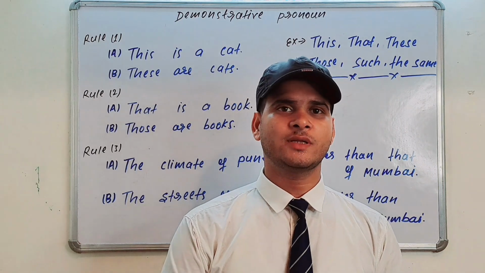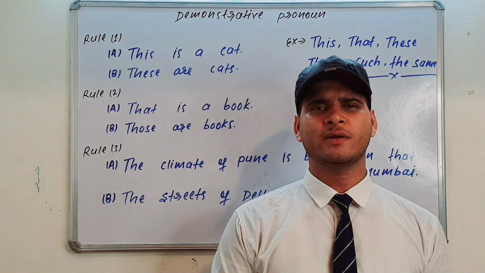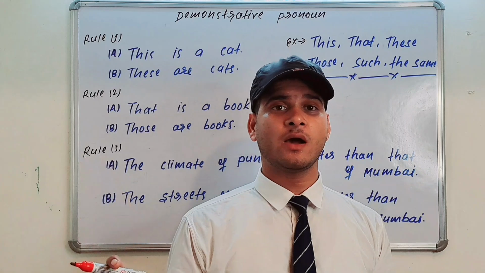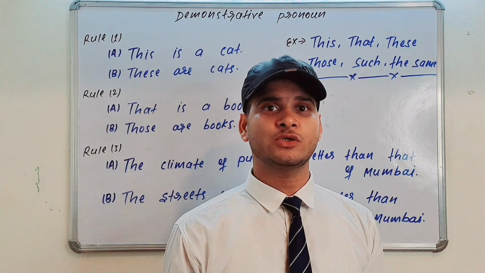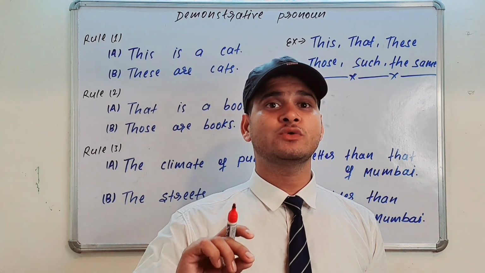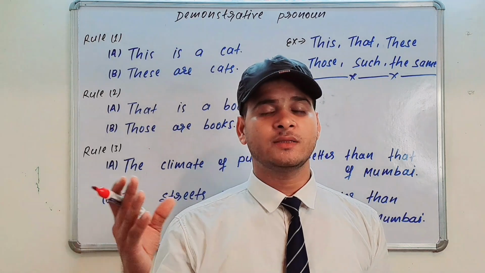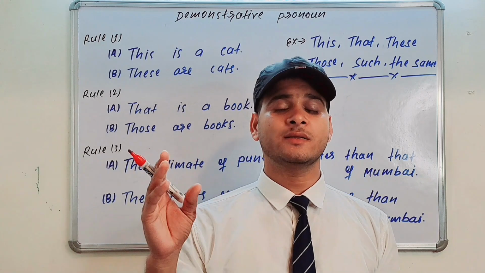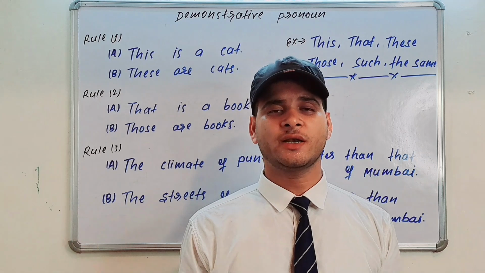I am talking about the pronoun, my dear students and my dear friends, and the list of pronoun which is basically used to point out or to demonstrate the person, animal, thing, or an idea, basically the noun in a sentence, and that is known as demonstrative pronoun.